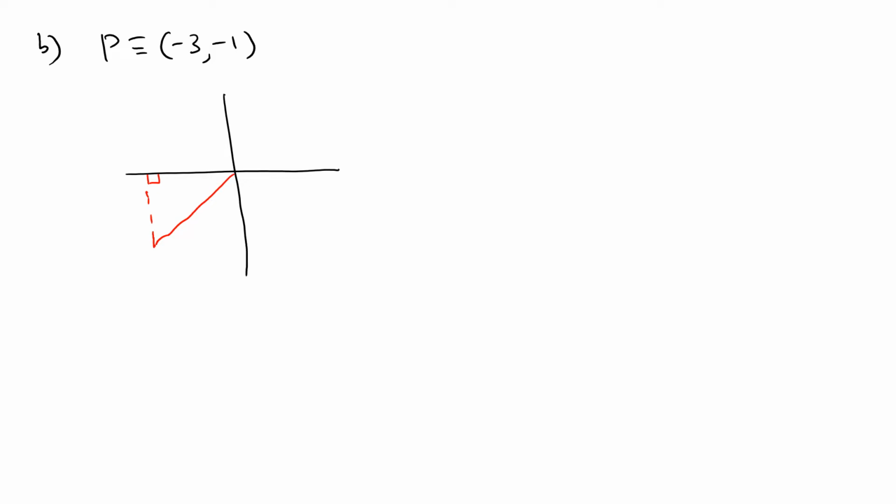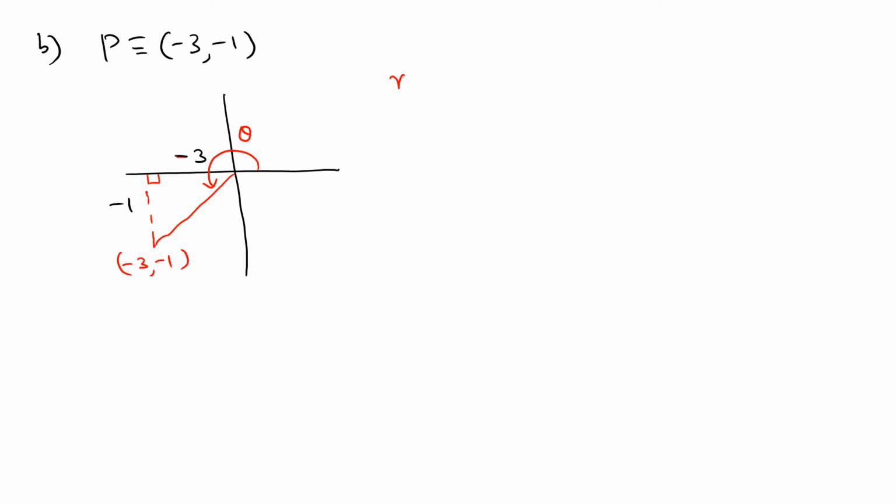So x is -3, y is -1. So the angle is this. Good. So we again need to find r, the radius.